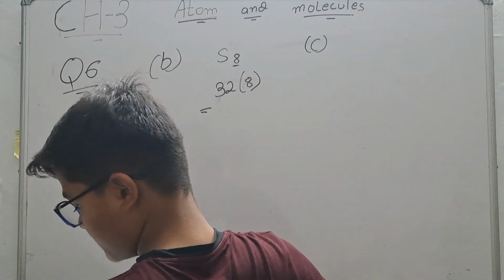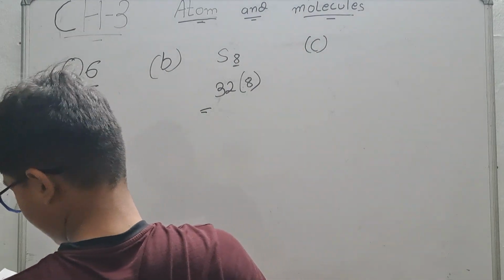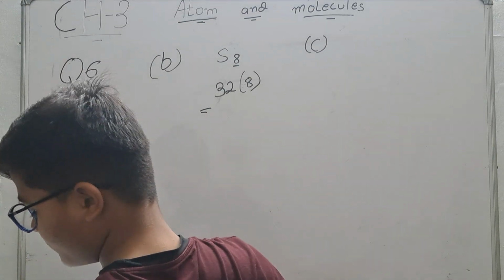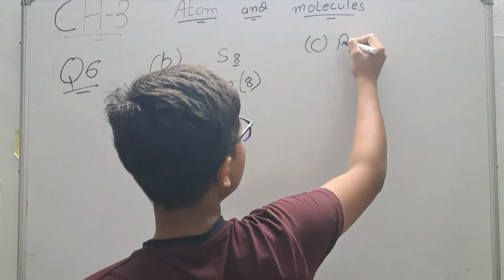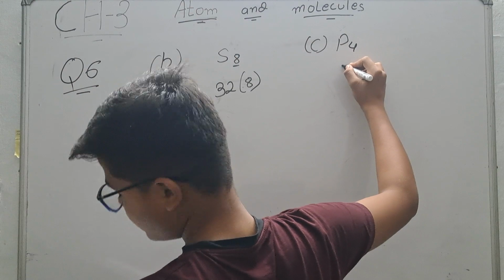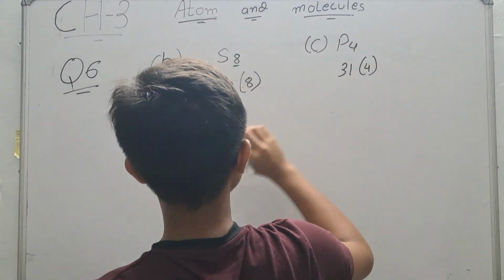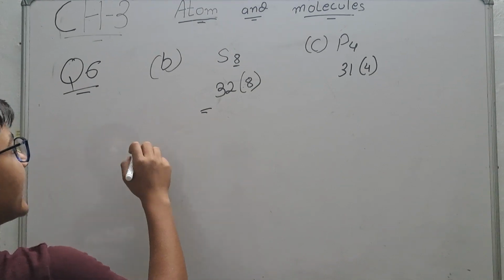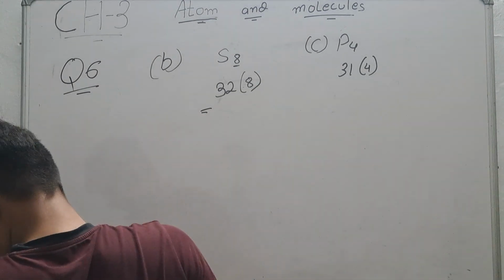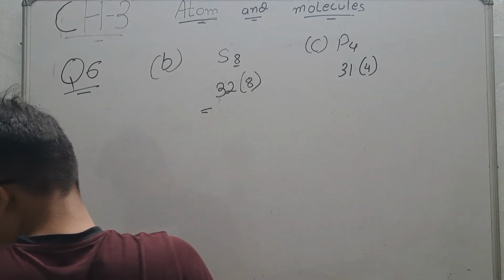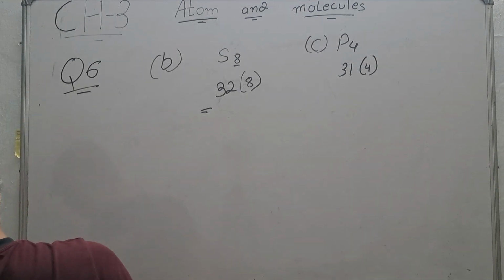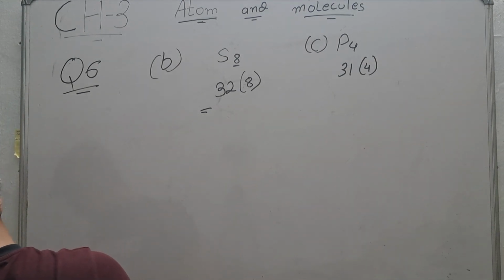Now let's do C. They have given the mass of phosphorus, P4. What is the mass of phosphorus? 31 into 4. Comment your answer. I will write the answer, don't worry. But first of all, you comment it. Remaining all are very easy, students.